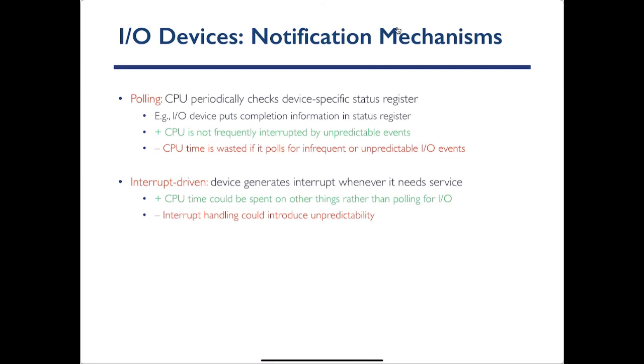The plus side is that we're not wasting CPU cycles busy waiting for the device. The downside is that being interrupted could be annoying in terms of, for example, predictability. If you don't know how many times your device is going to interrupt your processes, then you don't have certainty on, for example, the execution time of your processes.